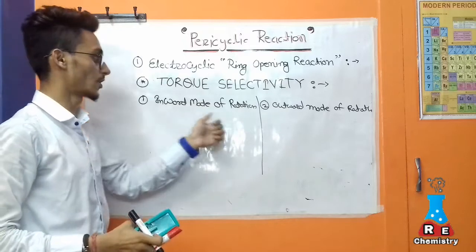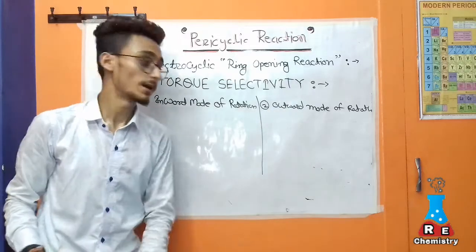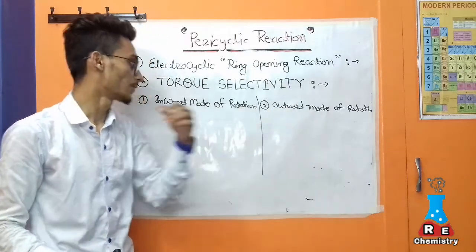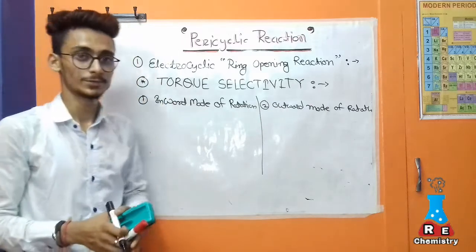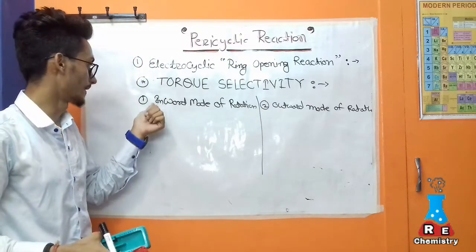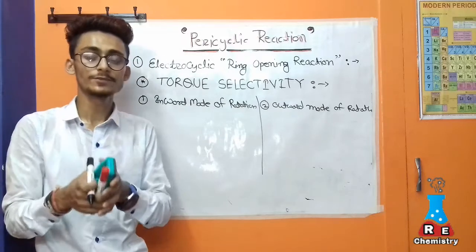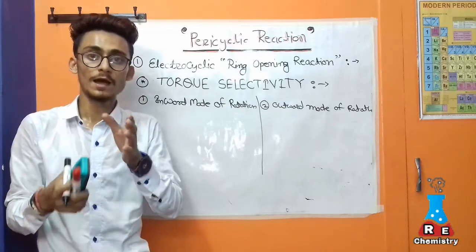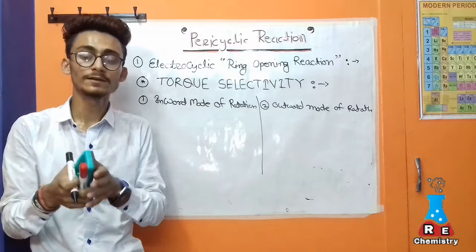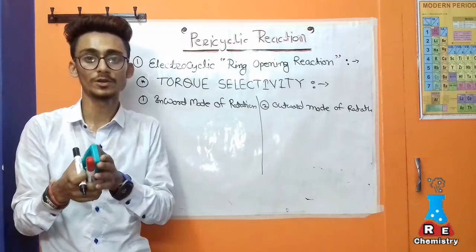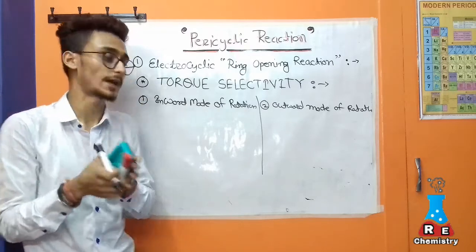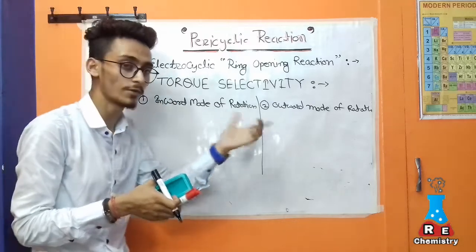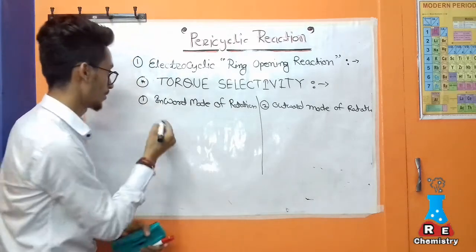So what is the inward mode of rotation and what is the outward mode of rotation? Let's discuss the inward mode of rotation. If the substituent groups migrate toward the cavity of the substrate molecule, this type of rotation is called the inward mode of rotation.